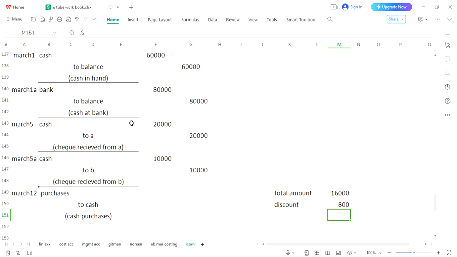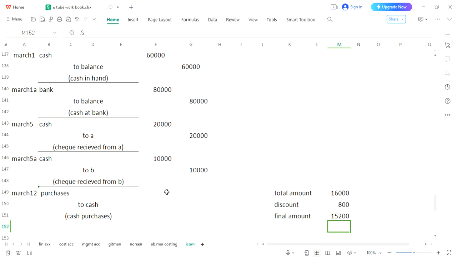When a discount is being given or taken, how would we calculate the final amount? By subtracting. This was the original amount 16,000, the discount given was 800. So what you will do is total amount 16,000 minus discount, and you will get your final amount 15,200.